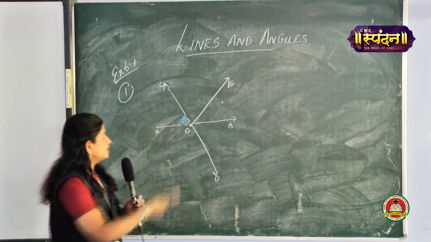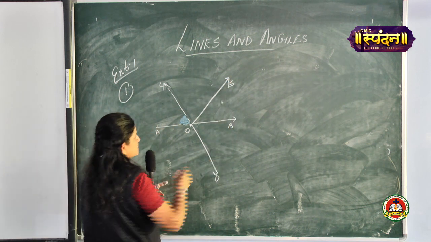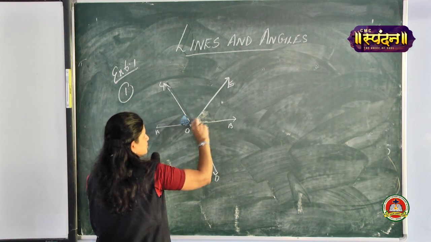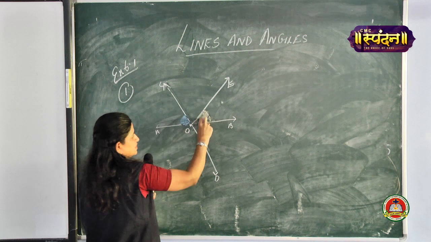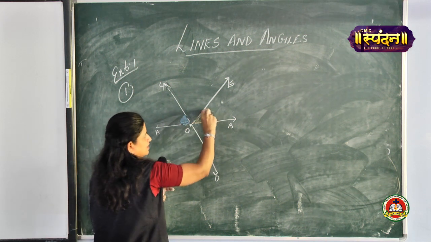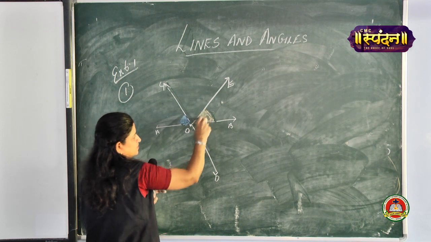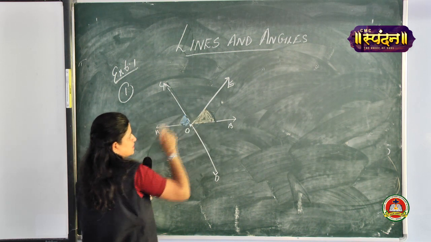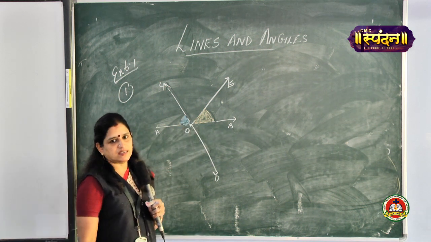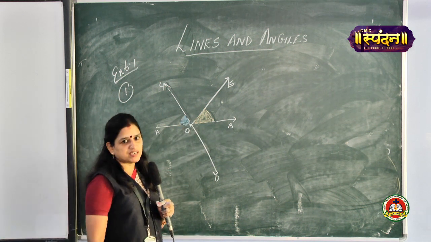They are saying angle AOC plus angle BOE. If you use color pencils, it will be very easy for you to identify the angles. You shade these two angles and see what it is given. Sum of these two angles is given as 70 degree.